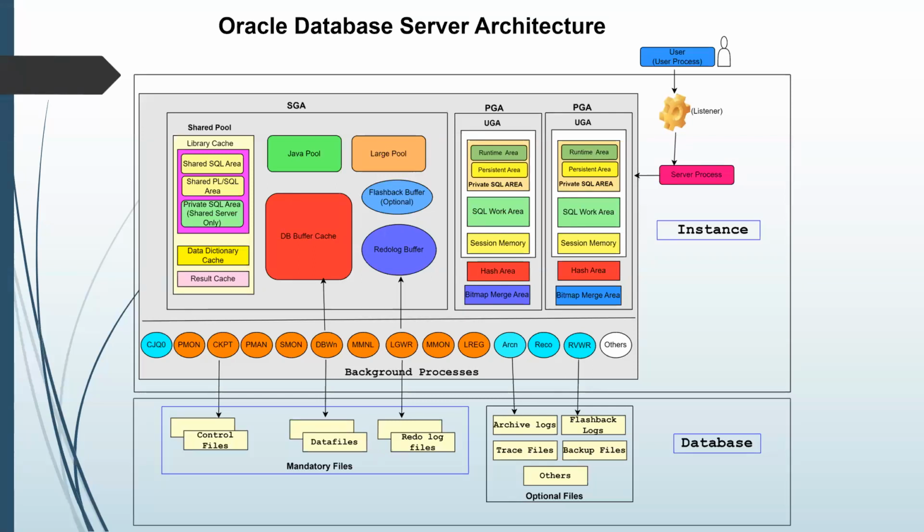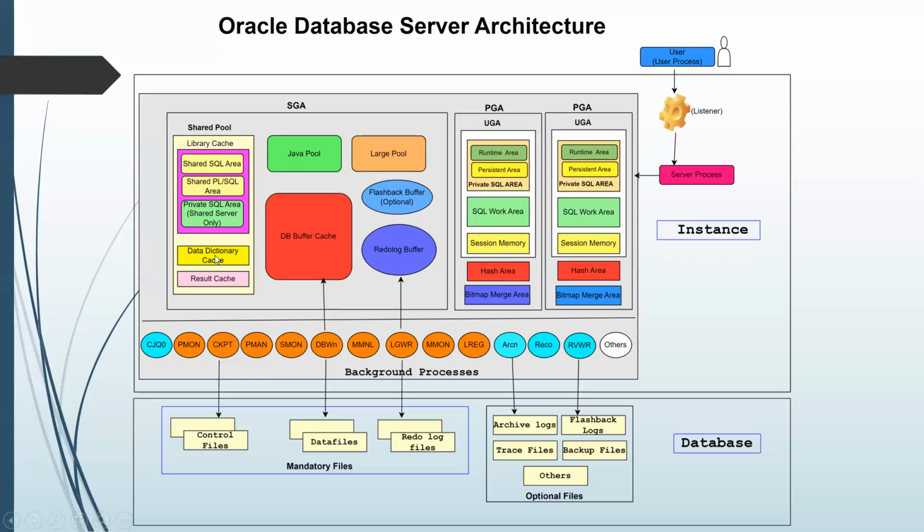All that information related to the database itself is stored inside something called a data dictionary. And what is the data dictionary cache? A copy of all that information gets loaded into memory, that is, inside the SGA, inside the shared pool. There it is called the data dictionary cache.